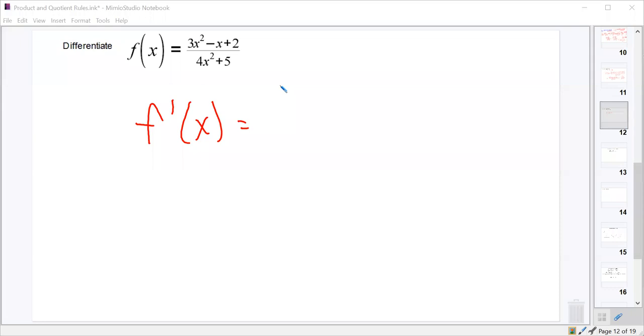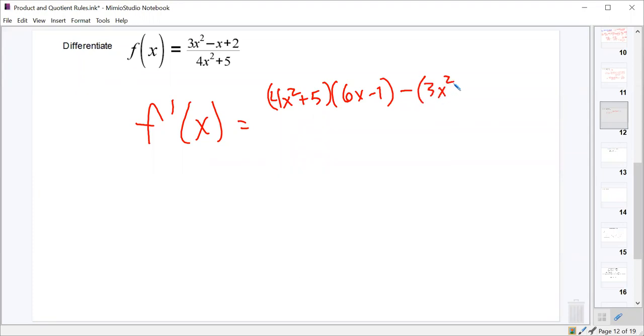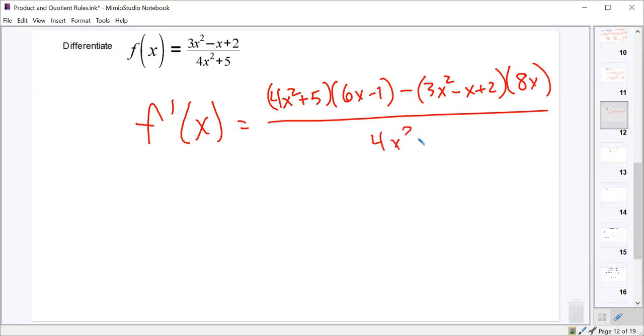Um, 4x squared plus 5 times 6x minus 1 minus 3x squared minus x plus 2 times 8x divided by 4x squared plus 5 squared. Excellent. So denominator, derivative of the numerator, minus numerator, derivative of the denominator, over denominator squared. Any questions on that?